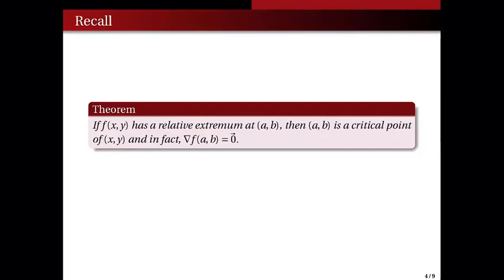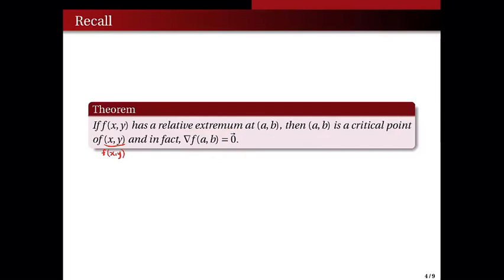Let me just edit this part. This is f of x comma y. And in fact, if you get the gradient of f at the point a comma b, you should get the zero vector.